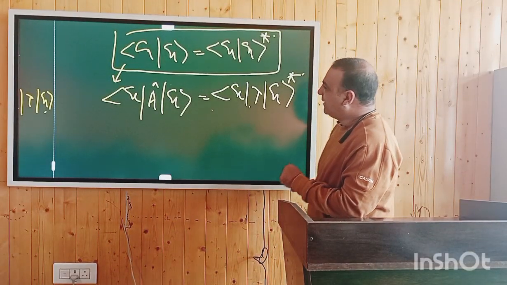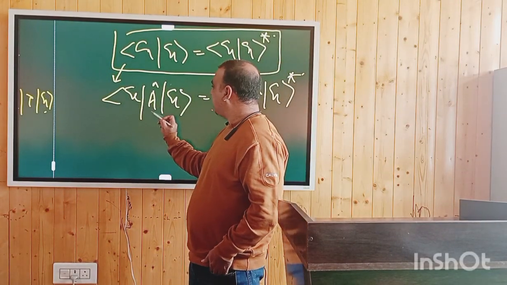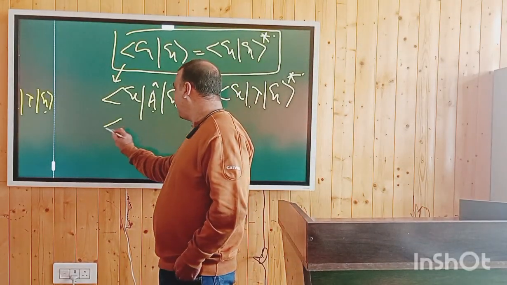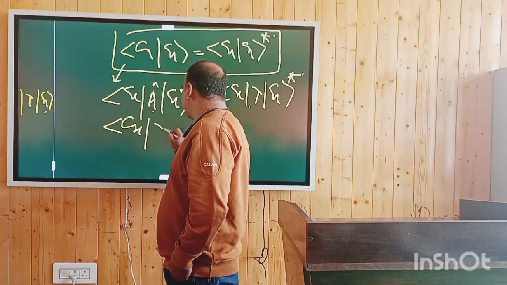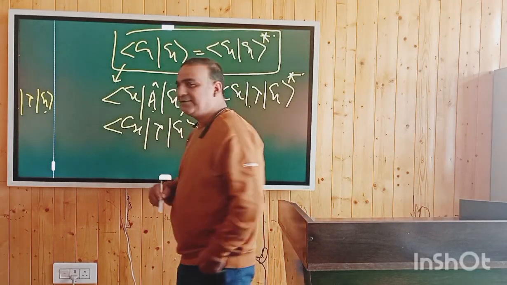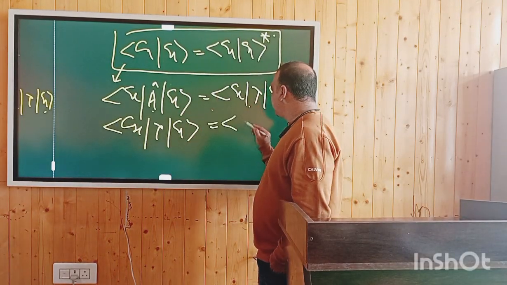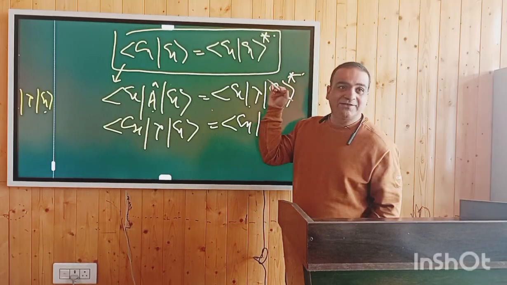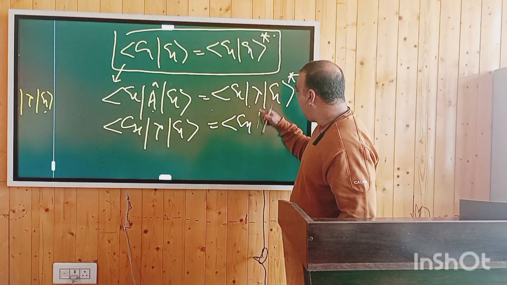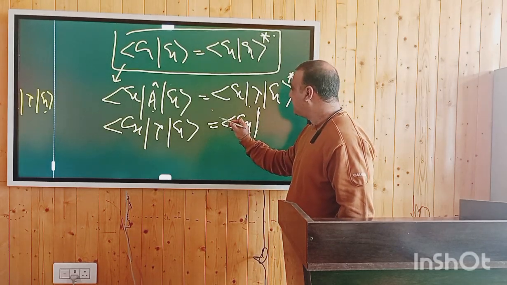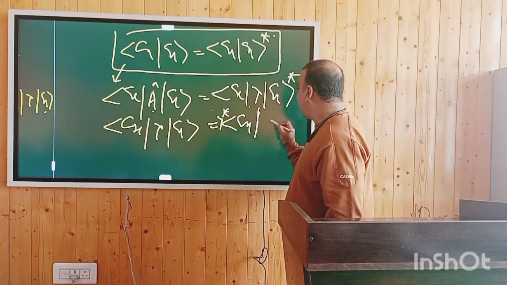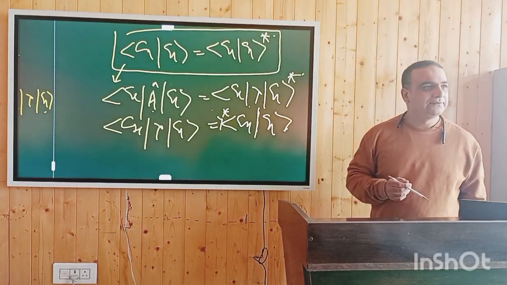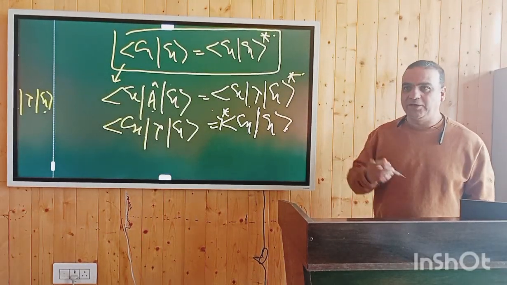So, now, what about this? This operator will act on zeta, it will give me lambda, right? So what will I get here? I'll get zeta, lambda, zeta. Now this lambda, I have to take its complex conjugate. So I will get this out as lambda star, and inside I'll have zeta. I have taken the complex conjugate.